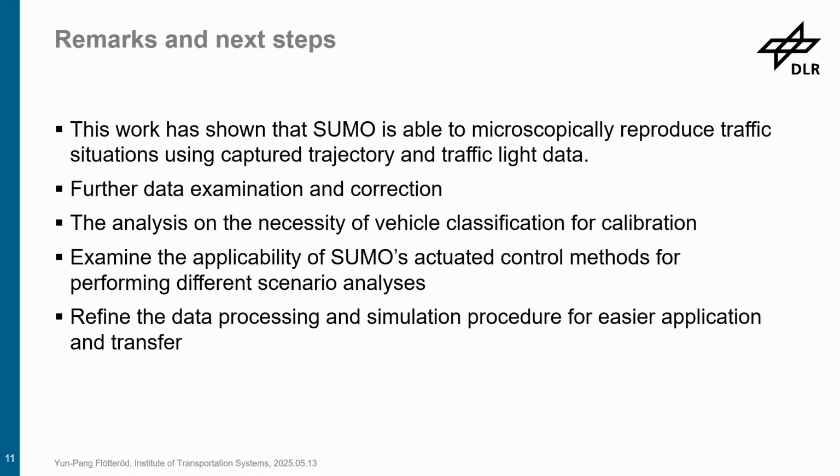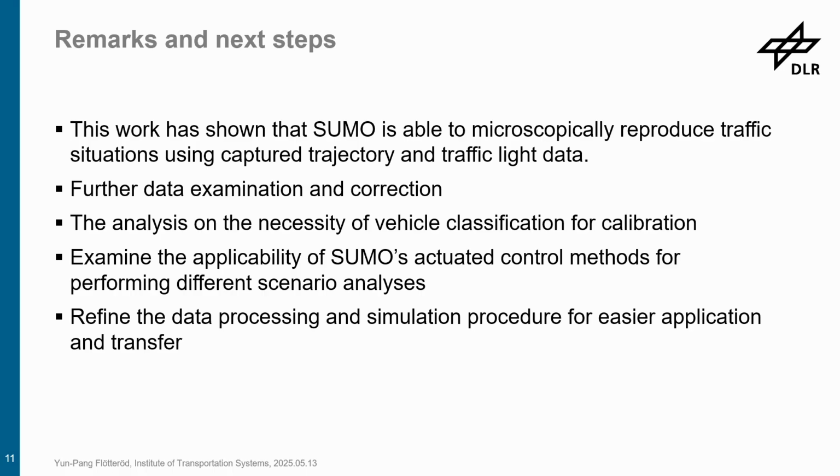Next, further data examination and correction are required, especially for object classification and for vehicles traveling at much higher speed, because we also experienced that some vehicles cannot enter the network with the given departure speeds. But the departure speeds are what we have derived from the raw data. So we have to look at this as well.